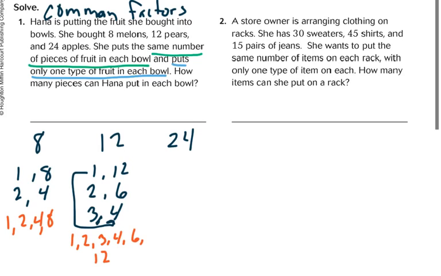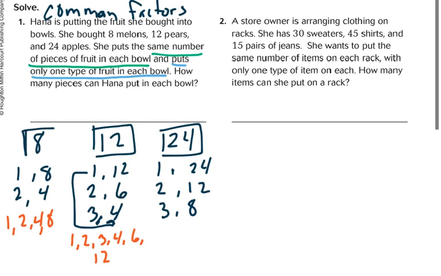Finally, I'm at 24, so 1 and 24. 24 is even, so 2 times 12. 24 is divisible by 3 because 2 plus 4 is 6, and 6 is divisible by 3. So 24 is 3 times 8. 24 is also divisible by 4.